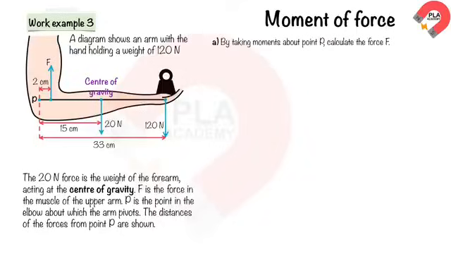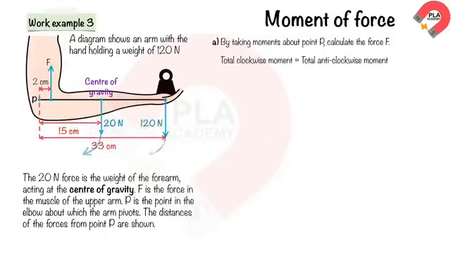The arm is in equilibrium, or balance, so total clockwise moment equals total anticlockwise moment. Total clockwise moment is caused by the 20 newtons force, 15 centimeters from P, and the 120 newtons force, 33 centimeters from P. So, total clockwise moment is 20 times 15 plus 120 times 33, equal to 4,260 newton centimeters.